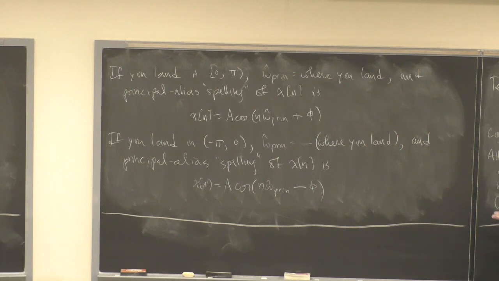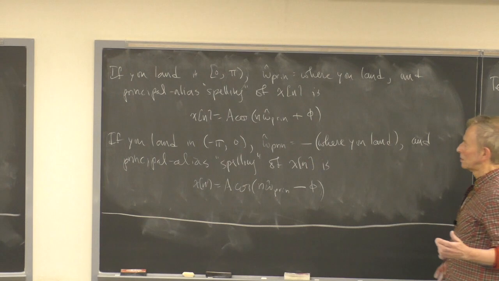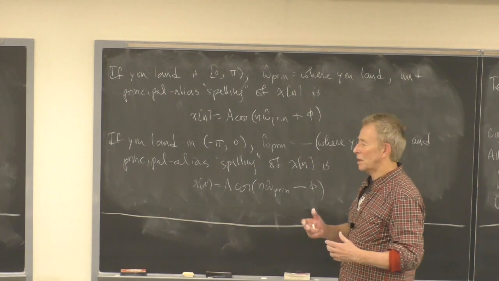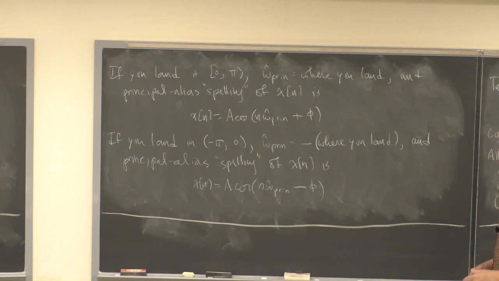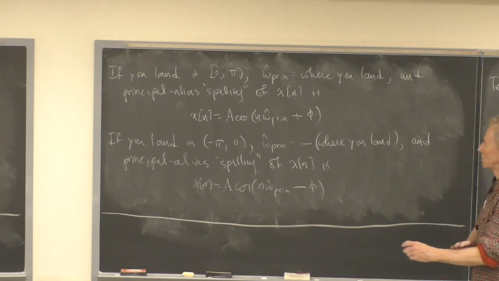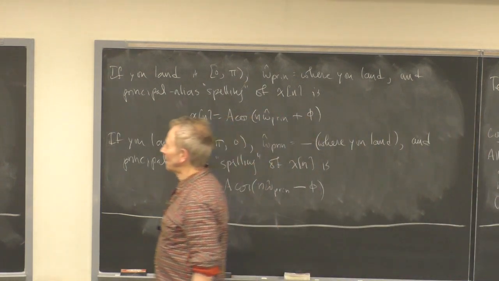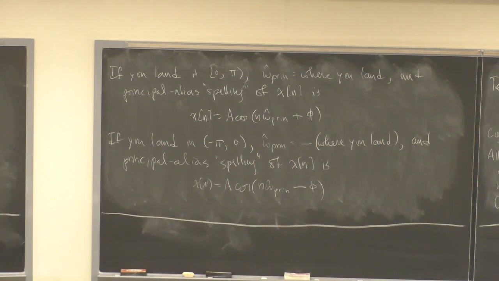So it comes out the same, like the same kind of drill as we had in continuous time, except instead of stepping down by integer multiples of some fs and getting different signals all the way, we're stepping down by integer multiples of 2 pi, and all the cosines of these frequencies are the same signal, you know, that kind of thing.